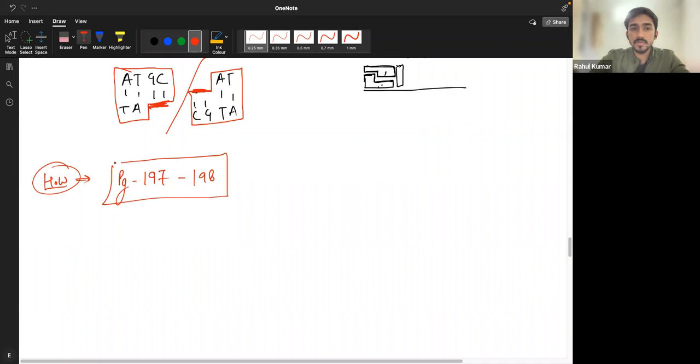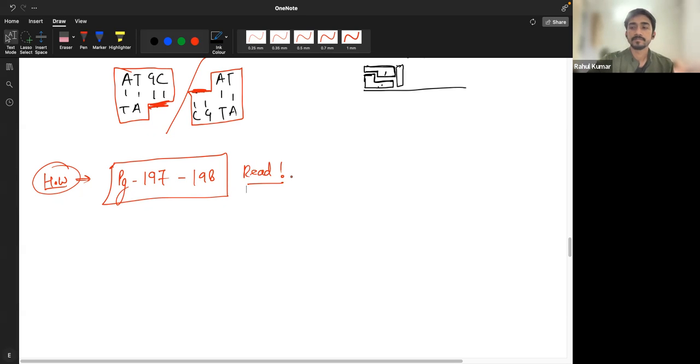So you have to read these two pages. These two pages talk about this whole scheme. And then, if I'm not wrong, Saifullah was talking about gel electrophoresis, right? That is where, when we cut the DNA, we separate the fragments on the basis of their sizes. So these two things you have to read on your own.